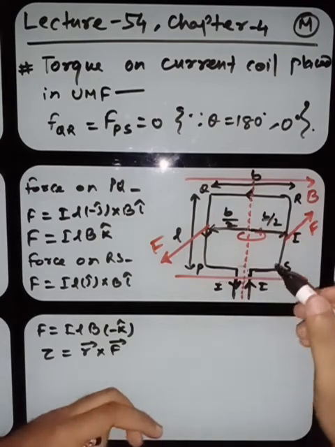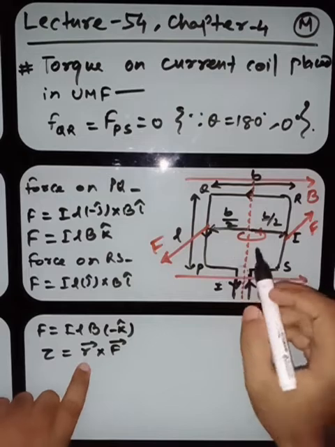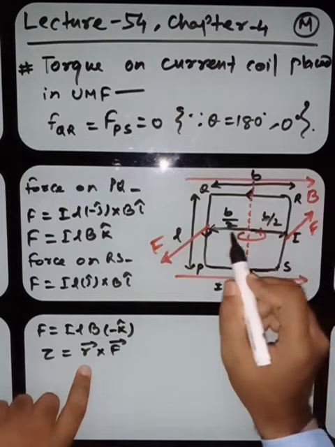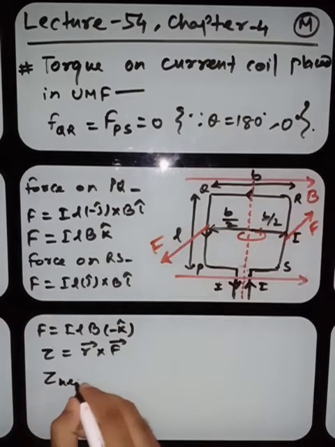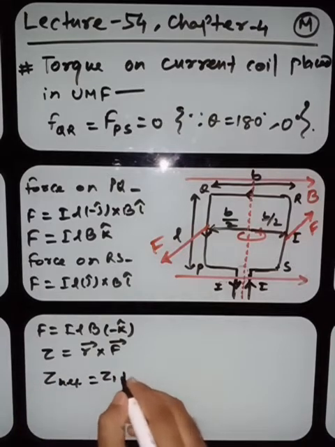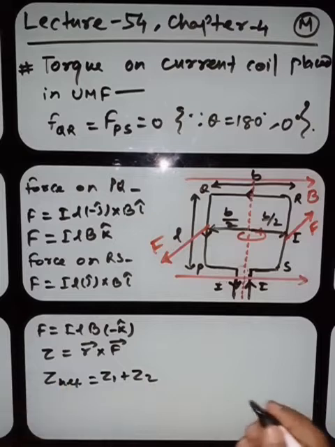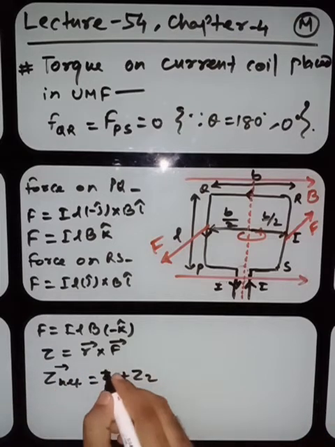We always take the direction of arm length, that is the R, from the point of rotation to the point of application of force. So here we can write the net torque will be tau 1 plus tau 2. The two forces will act, so the two torques will be considered.